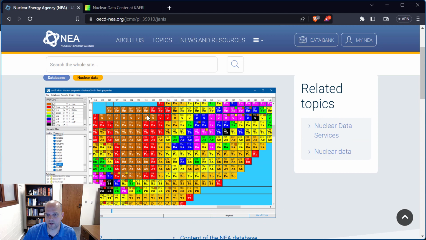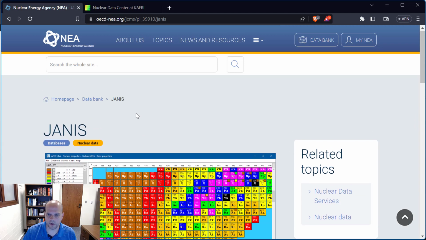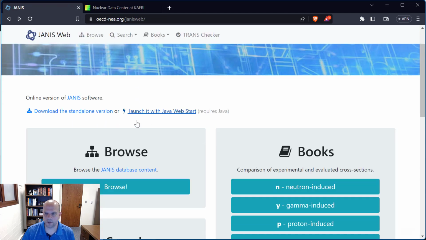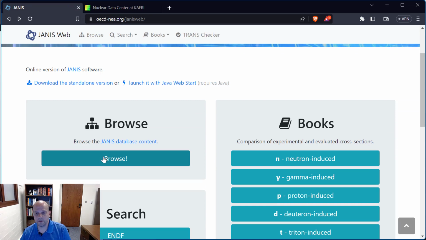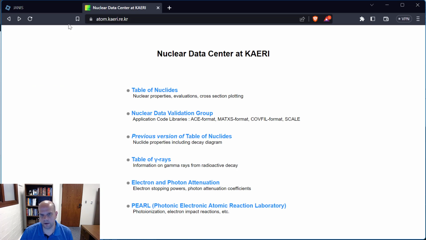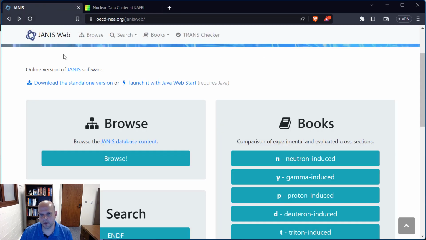You do need to have Java installed in order for it to work. I'm just going to browse the online database here to access the same data. And then we're going to go to the Korean resources here, and we're going to compare and contrast the two, and look at different steps that we need to take in each of those to get the data that we want.